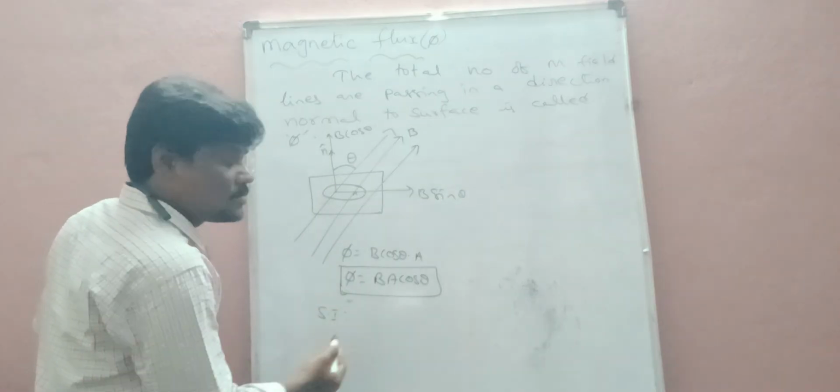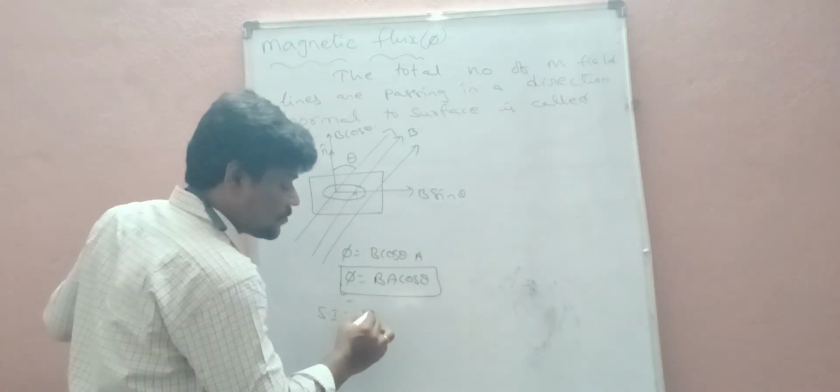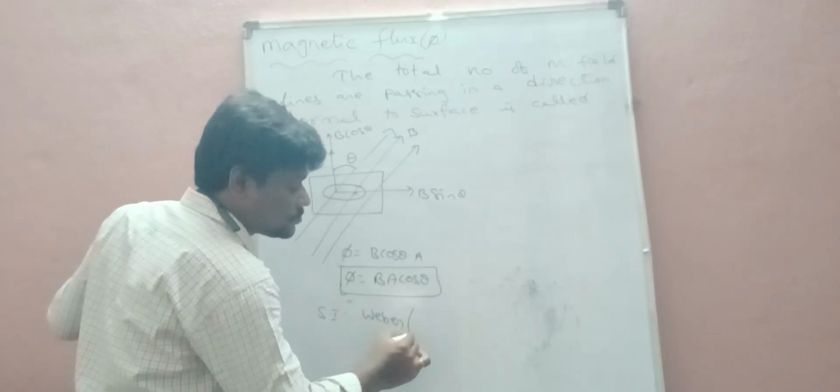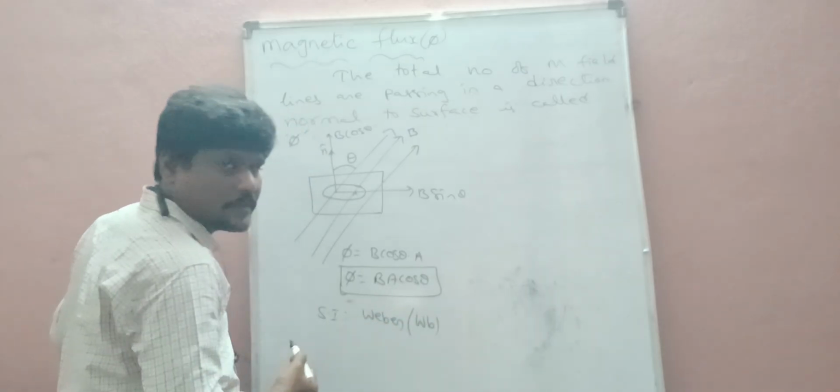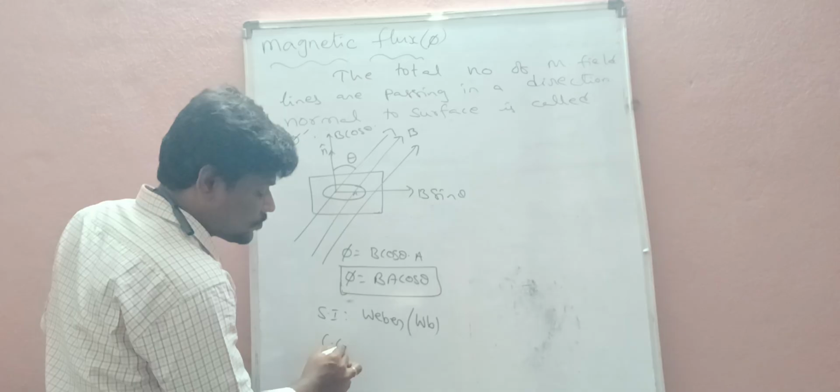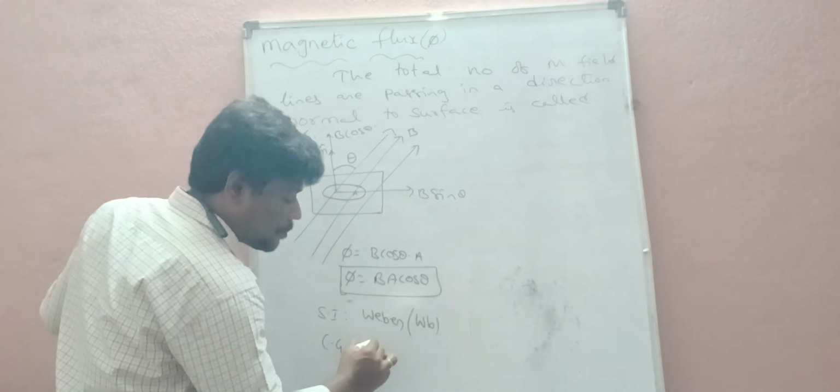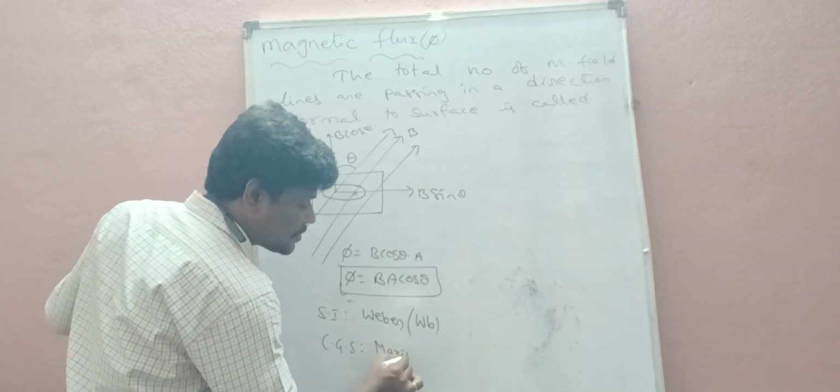And what is the SI unit? SI unit is Weber. CGS unit is Maxwell.